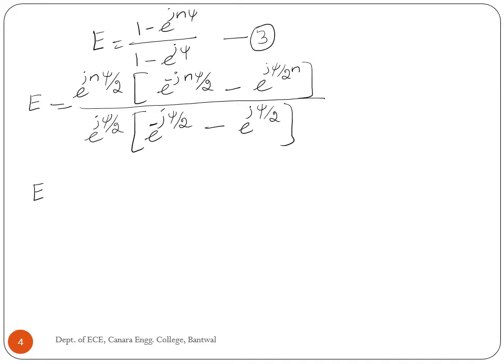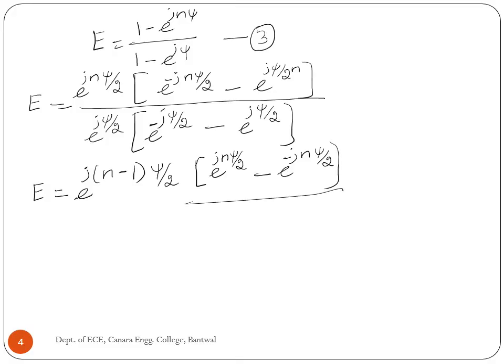Therefore, total field intensity E is equal to e to the power j n minus 1 xi by 2, and in the numerator I can write e to the power j n xi by 2 minus e to the power minus j n xi by 2, divided by e to the power j xi by 2 minus e to the power minus j xi by 2.